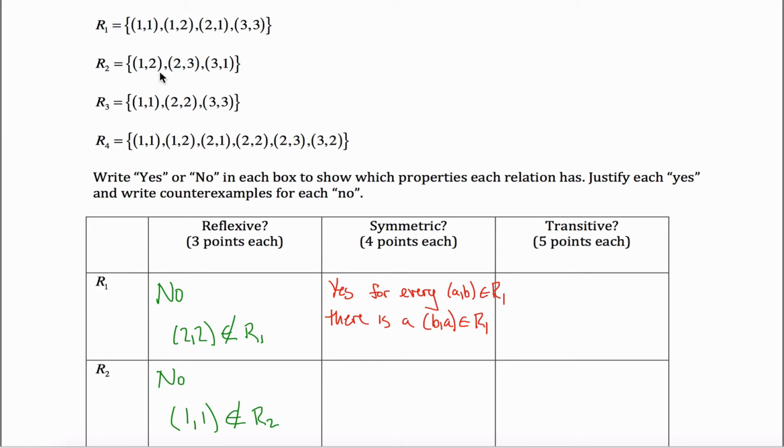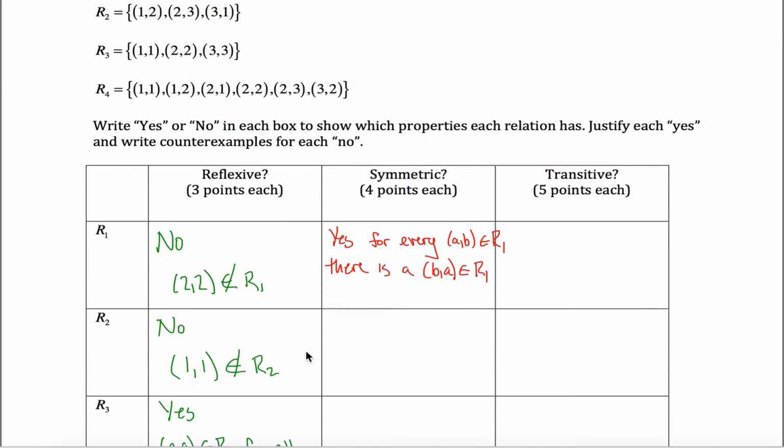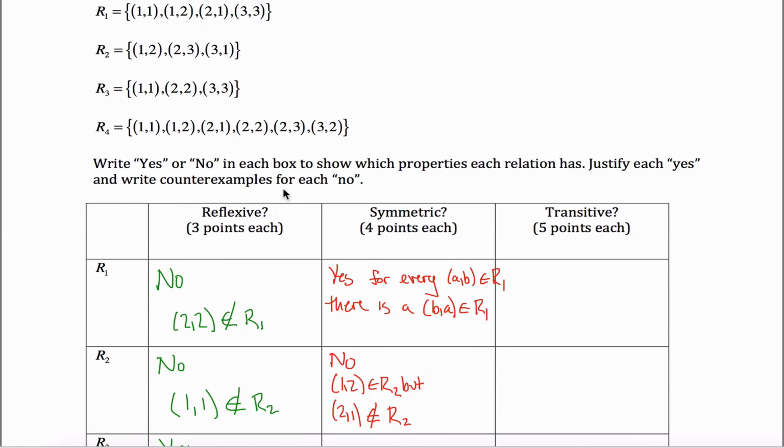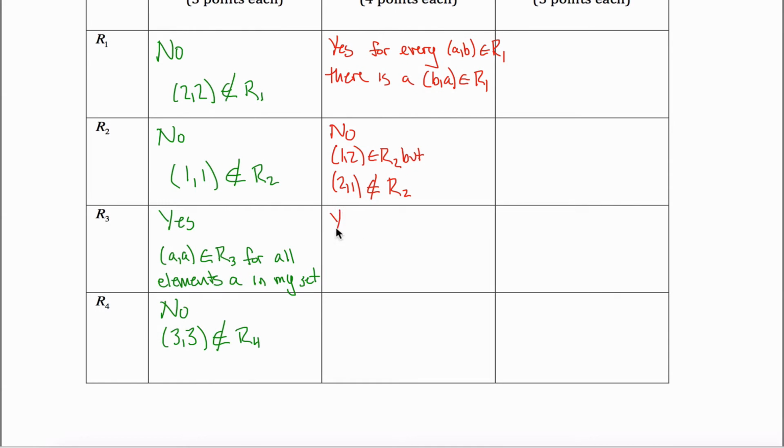What about R2? Nope. Got an arrow from 1 to 2, but don't have an arrow from 2 to 1, for example. No. 1, 2 is in R, but 2, 1 is not in R. What about R3? Well, let's see, 1 to 1, 2 to 2, 3 to 3, yep. Yes.